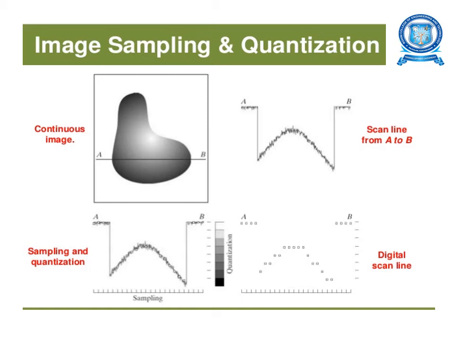As you can see, we are marking the peak levels, that is the gray levels, and finally in the digital scan line we have obtained the gray levels, marked from darker to lighter. Depending upon the pixel values or gray level values, we have converted it into digital form. This is how the sampling is done.